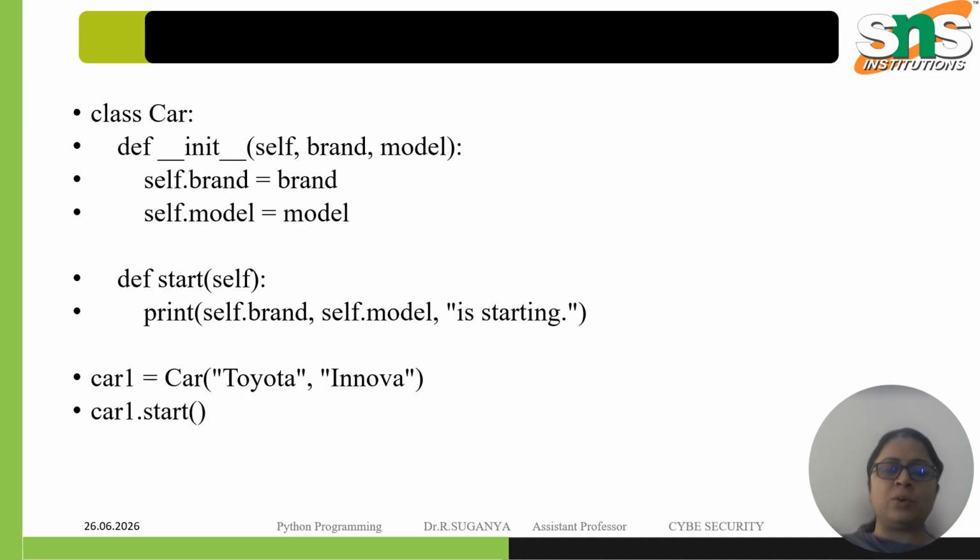For example, Toyota Innova is starting. That is what is going to get printed. So car1 dot start will initiate the print statement. Car1, Toyota Innova, will have the particular brand name and the car name.